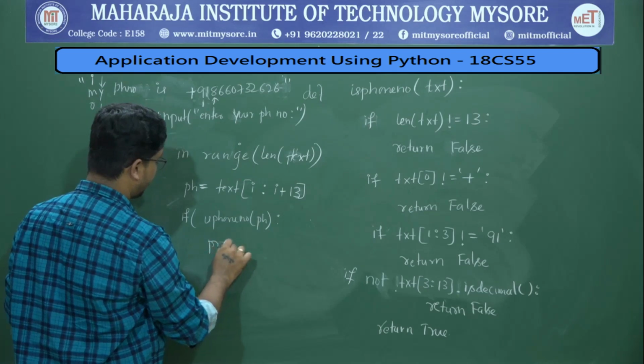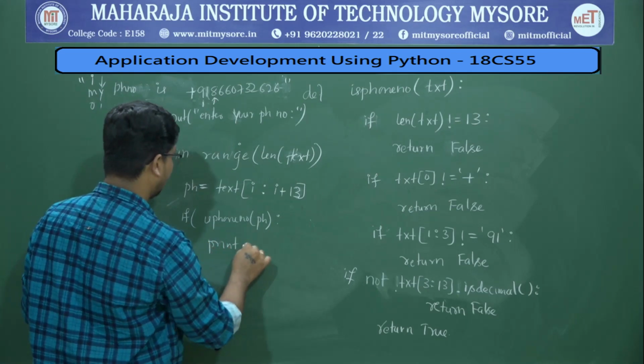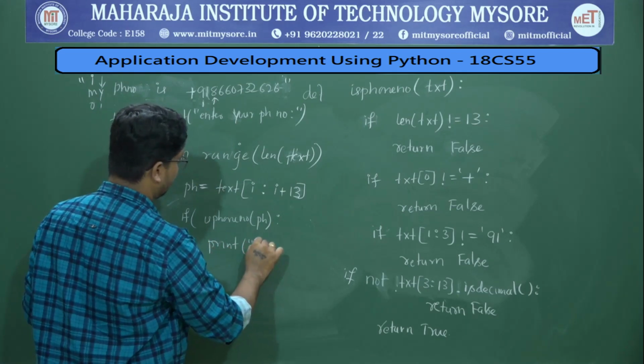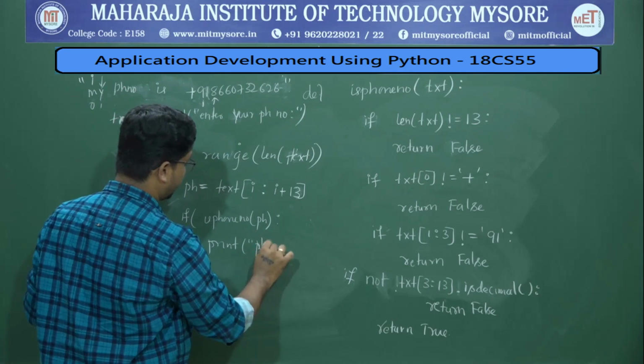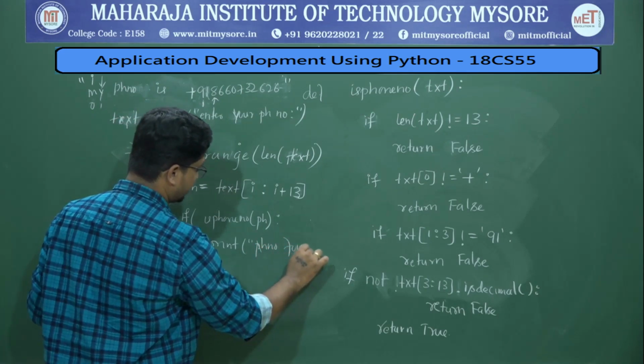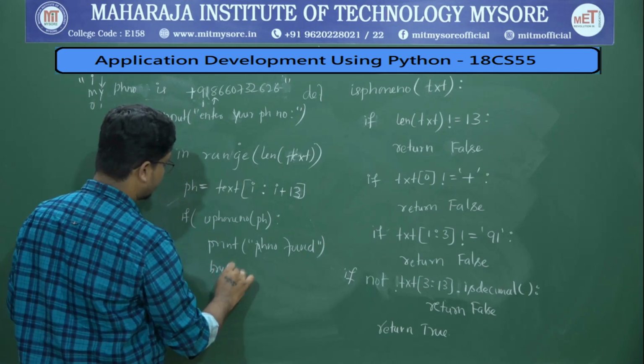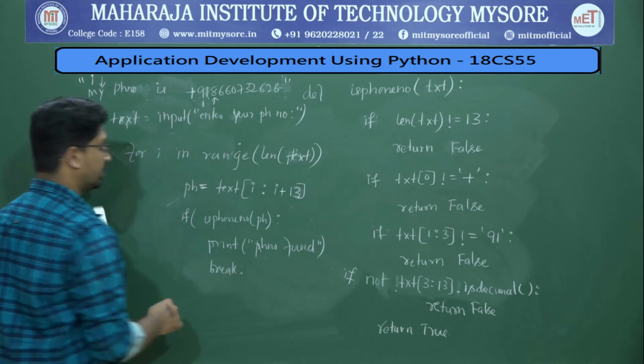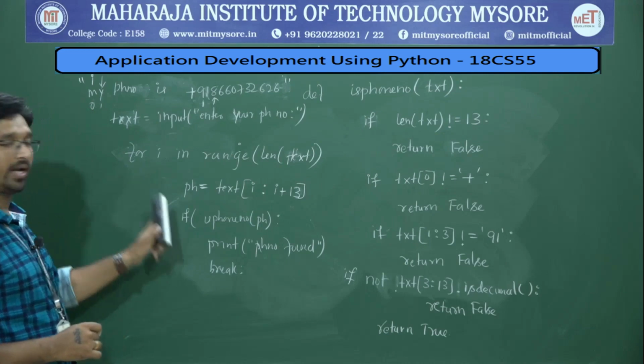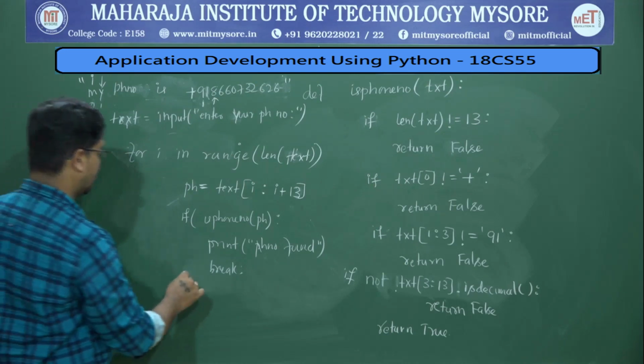Again a print statement, print phone number found. There is a phone number, then break. Don't continue with the loop. Just break the loop.